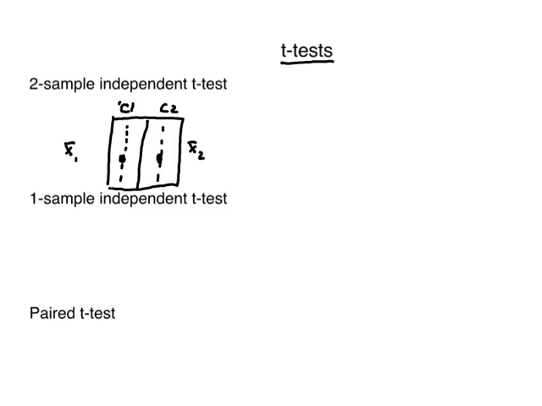But what we really want to know is whether these two samples come from the same population. And in order to do so, we try to estimate the means of the underlying population. So that would be mu1 for the population from which we draw sample 1, and mu2 from population 2.